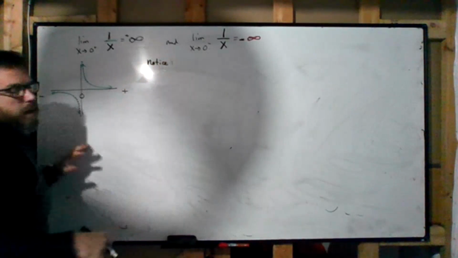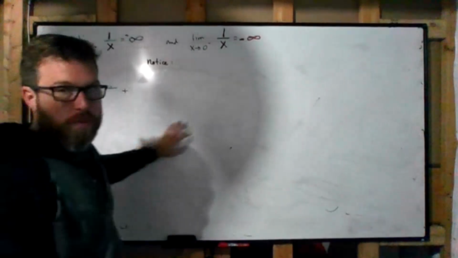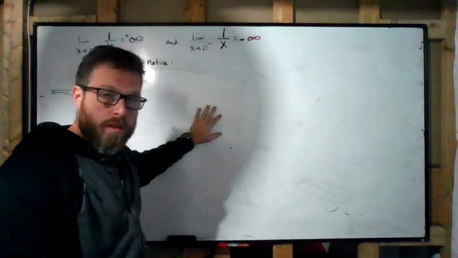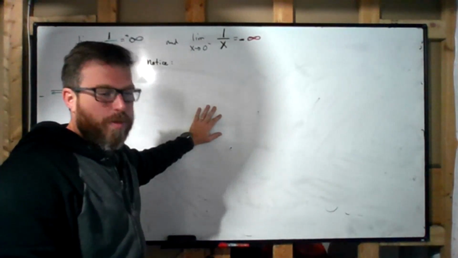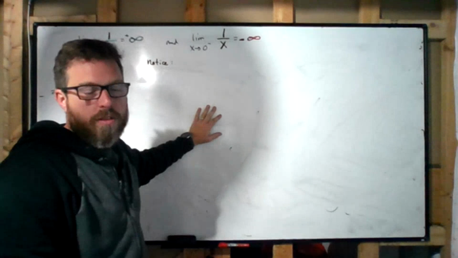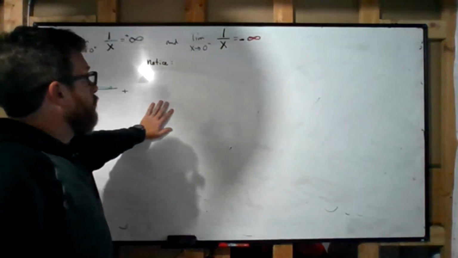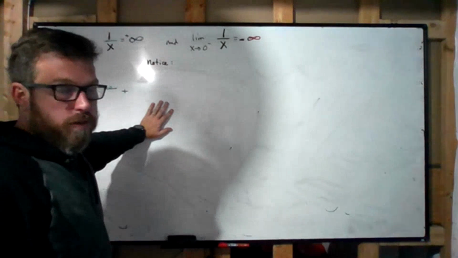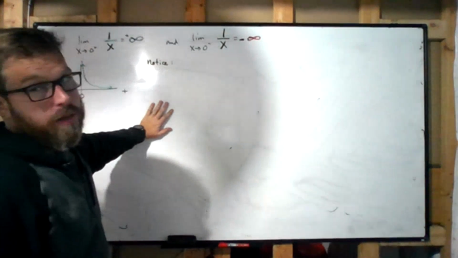How do you know when you get infinity as opposed to another number? Well, for every other function that we did here for limits, if you plugged in that number, you'd get 0 over 0, which means you're likely going to have some kind of value. These limits are going to exist. But when I plug in 0 here, it's not 0 over 0 anymore. What you have is 0 on the bottom, and a positive or negative on top.